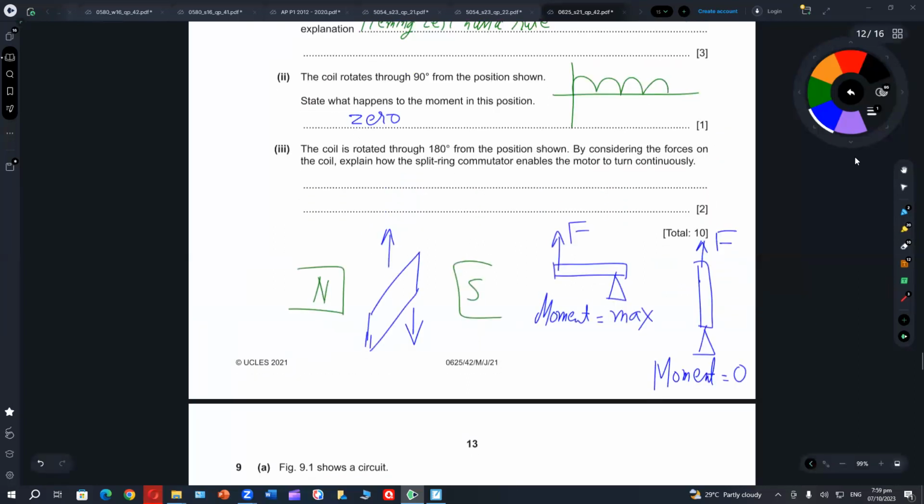The coil is rotated through 180 degrees from the position shown. By considering the forces in the coil, explain how the split ring commutator enables the motor to turn continuously. This is a memory point. What the split ring commutator does is reverse the direction of current. This is the function of a split ring commutator.